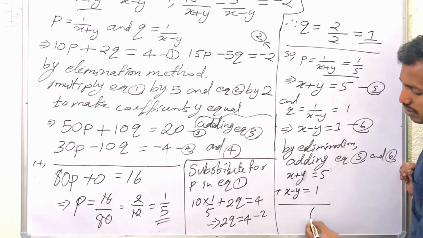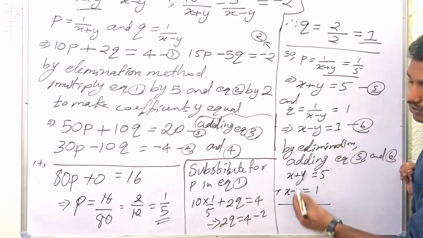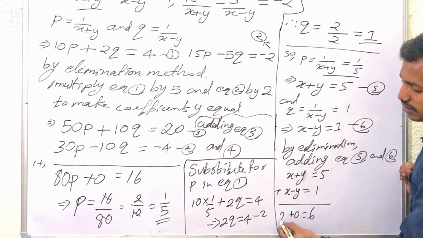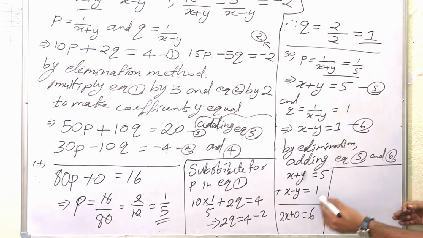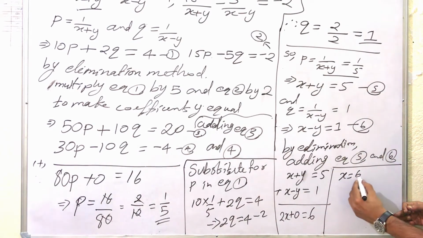Add it. 6, minus y plus y will be 0, and 2x. So what will we get? 2x equal to 6, that is x equal to 6 by 2, which is equal to 3.